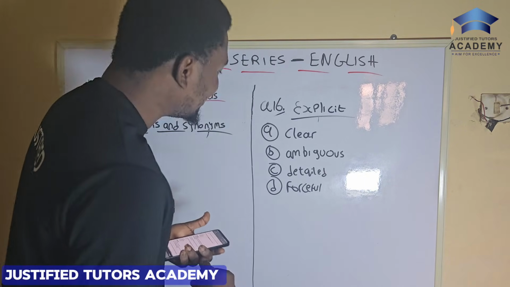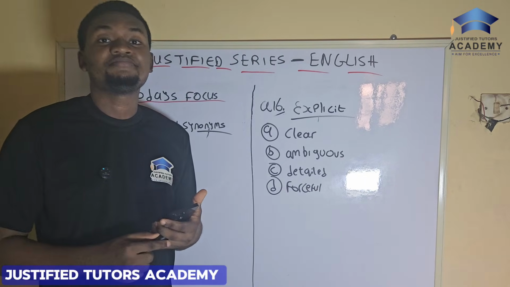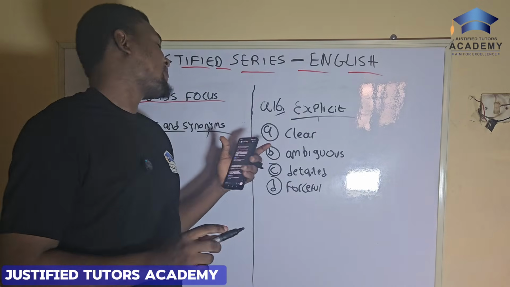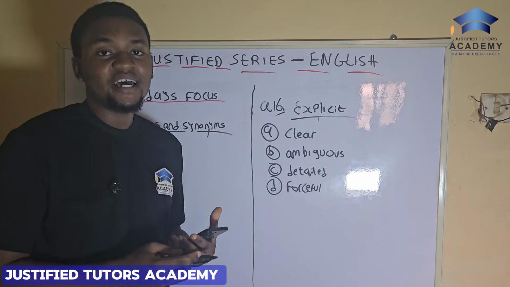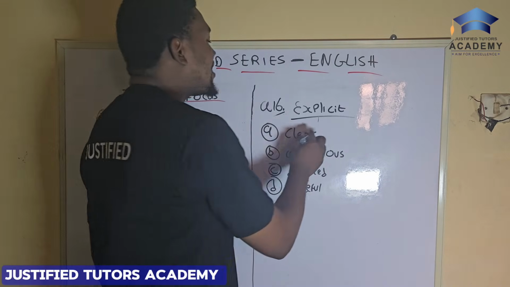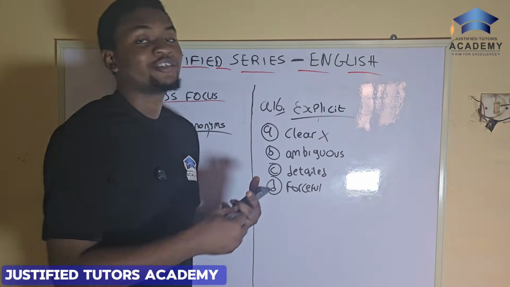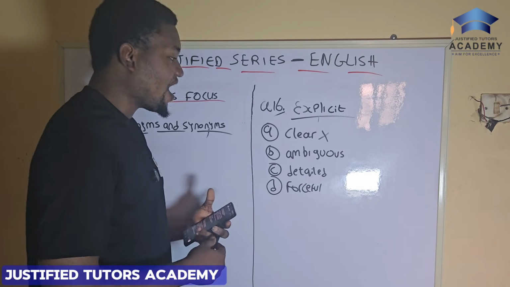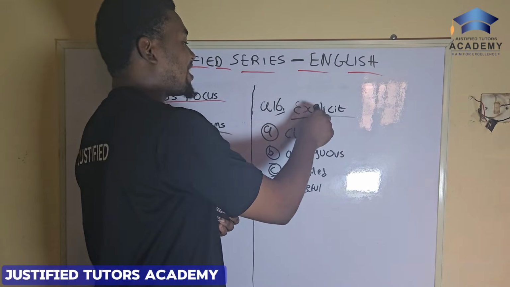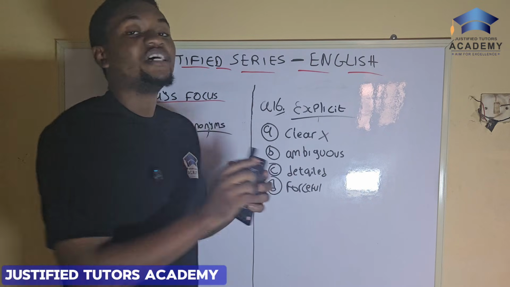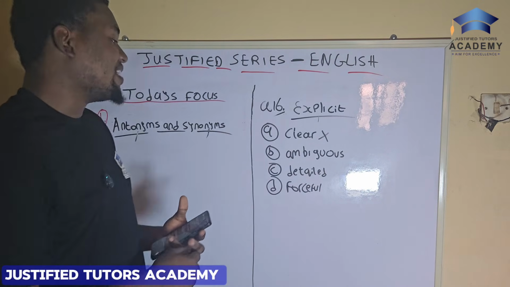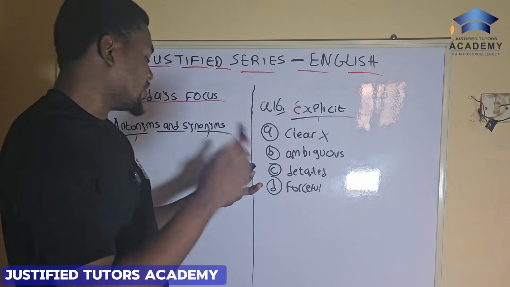So, what is the answer to this question? Option A, the first option we have here, is it the answer? No, because A is clear and we are dealing with opposite meaning. Clear here is nearest in meaning to the word explicit, as they both have similar meaning.